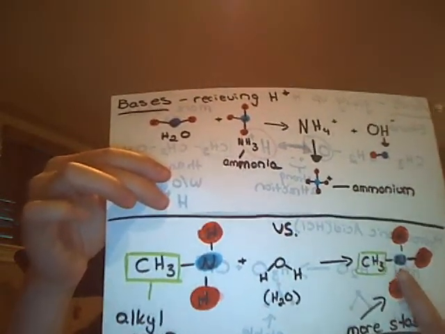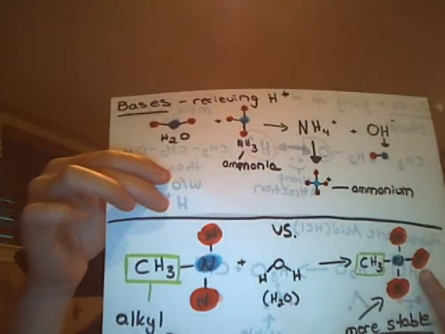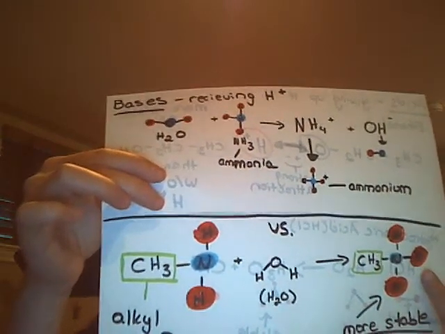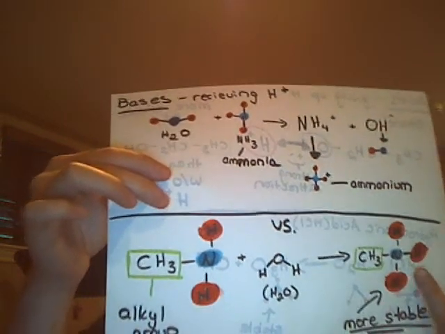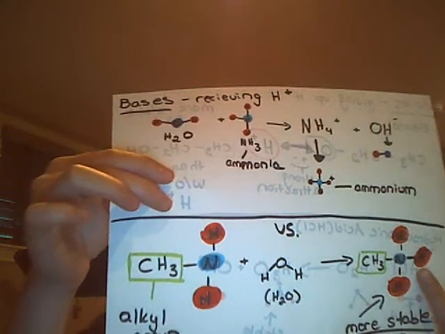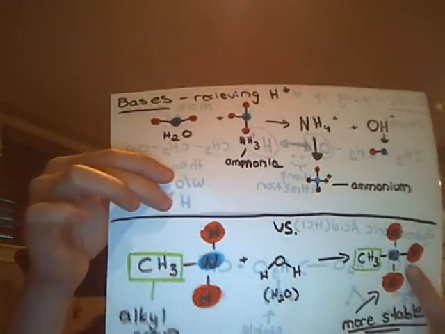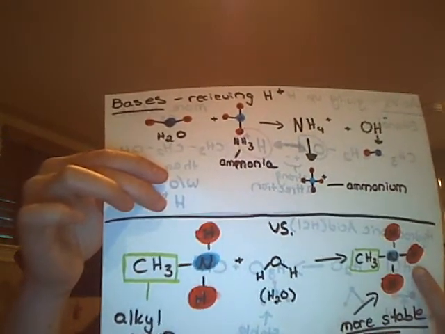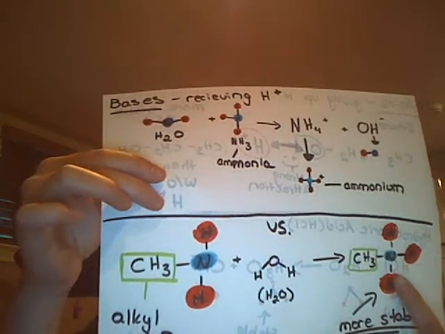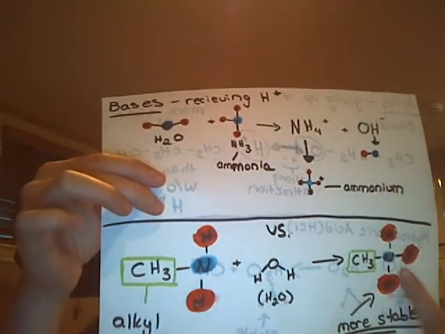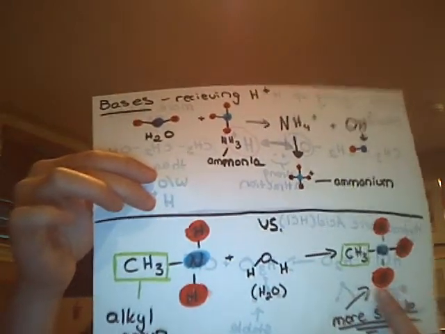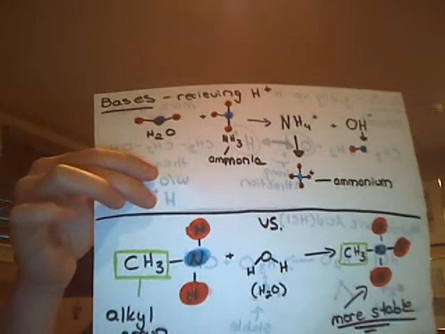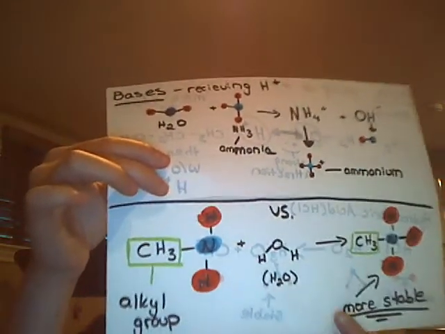And because the nitrogen is very close to this hydrogen, the negative charges from the electrons cancel out, or at least reduce, the positive charge brought by the hydrogen ion, which makes the overall stability greater. So methylamine is a lot more stable than ammonium as a base.